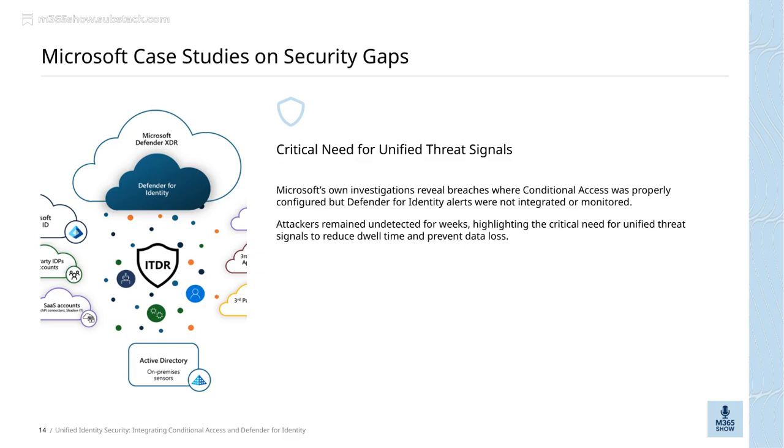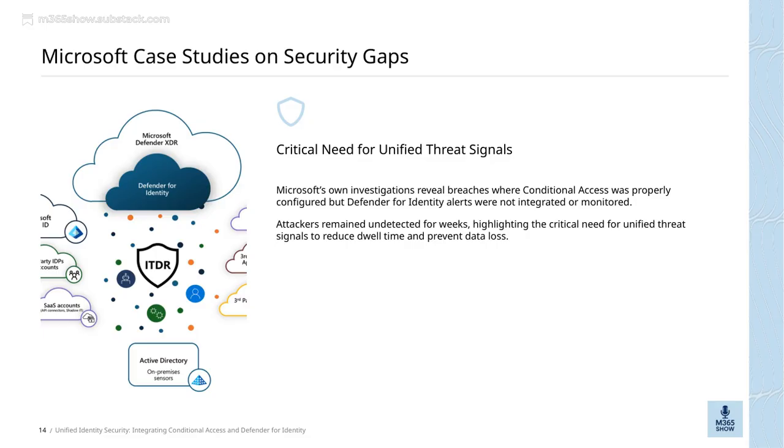This situation really highlights the critical need for unified threat signals, bringing together these different security tools so they can work in harmony. By doing this, we can significantly reduce dwell time, the window attackers have to cause damage, and better prevent data loss. It's a clear reminder that having a comprehensive, integrated security approach is essential to truly protect our environments.